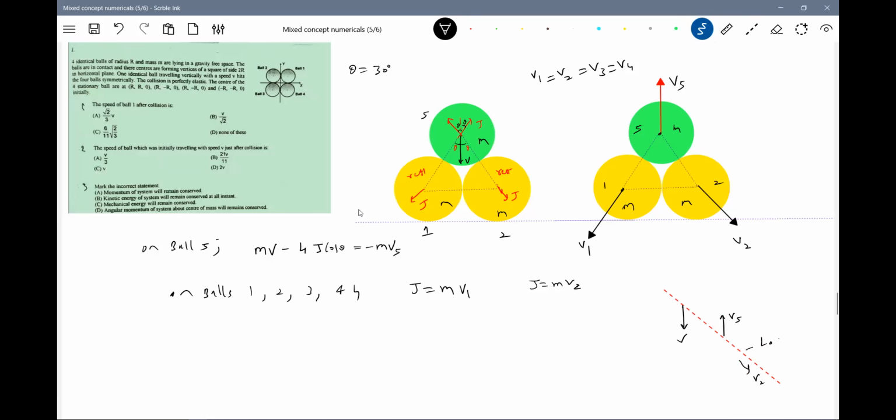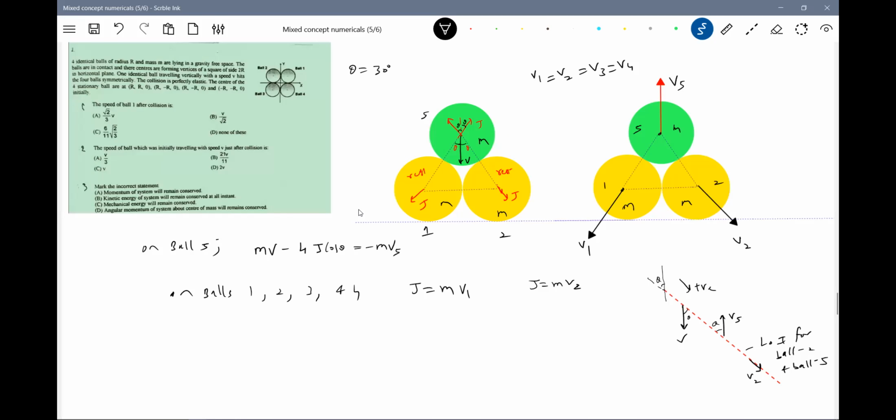So this is the line of impact for ball 2 and ball 5. And this direction, let me take positive. So what are the angles? How do we have to take it? I think this should be theta. This should be theta. This is directly along the line of impact here.